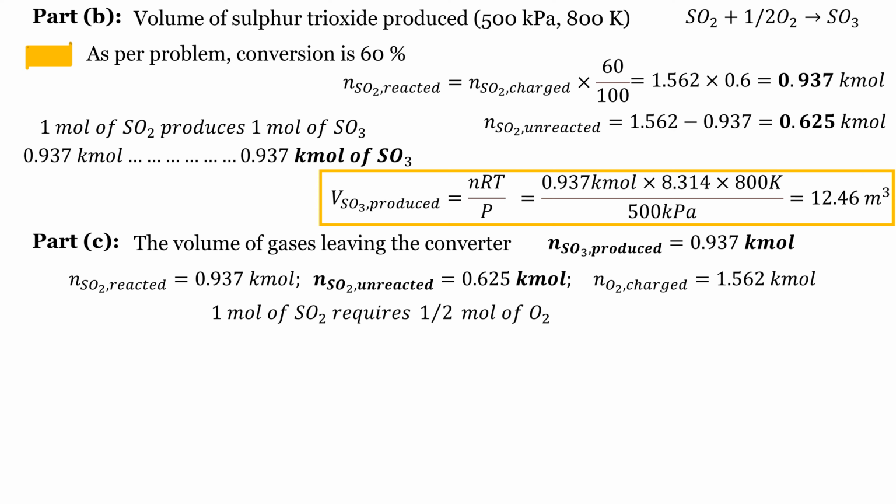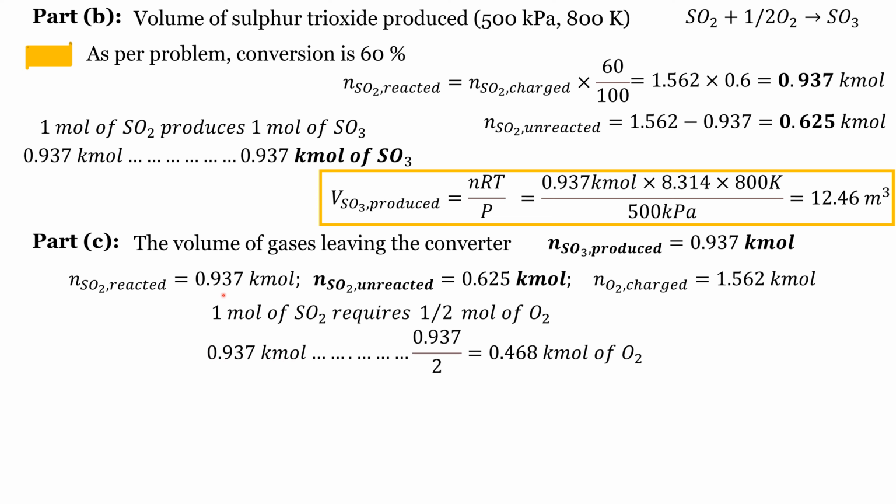Now we need to find how much O2 got reacted corresponding to this 0.937 kilomole of SO2. From this reaction we can write 1 mole of SO2 requires half mole of O2.